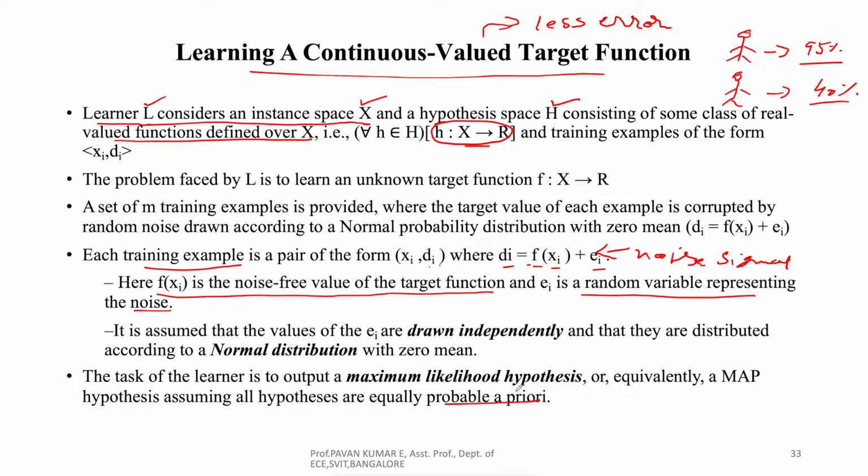Means you should know the conclusion here in this slide: you have a noise free target function represented by f of xi, but still I should have prior knowledge of what type of error or noise will be added, so that I can reduce it in the training data set. Suppose, for example, it's very confusing sometimes.